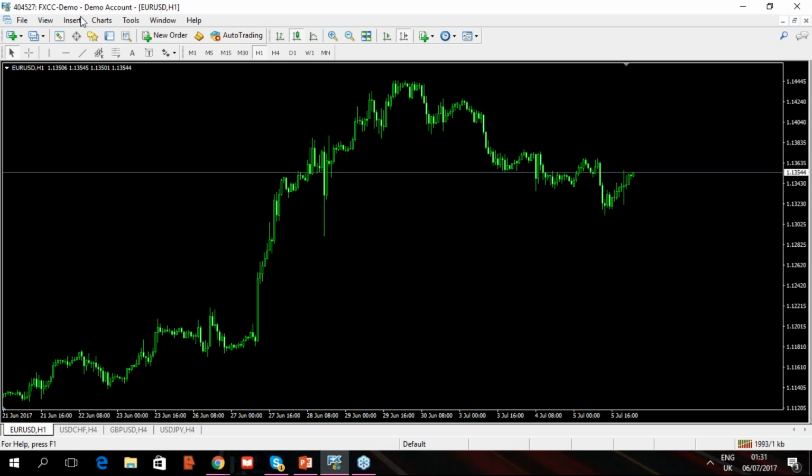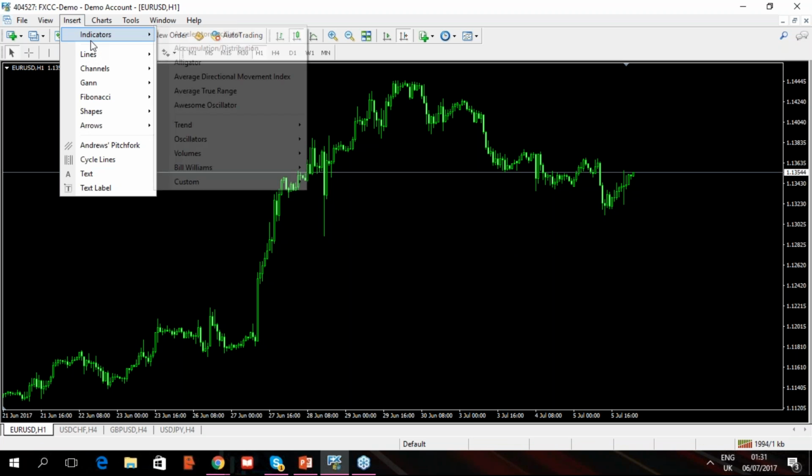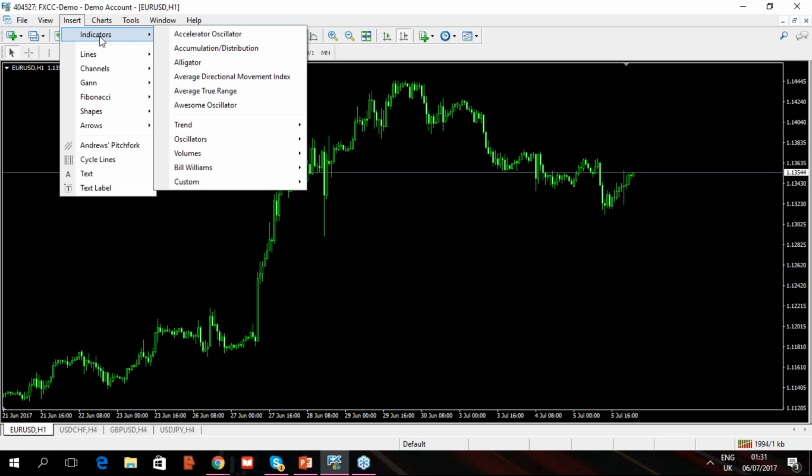Very simply, go onto the insert tab right there, indicators, and these moving averages are classified as trend indicators. There are a couple of other categories or types of indicators.